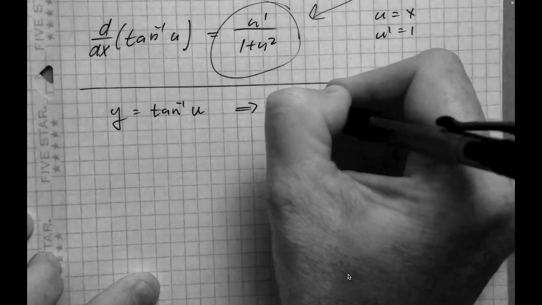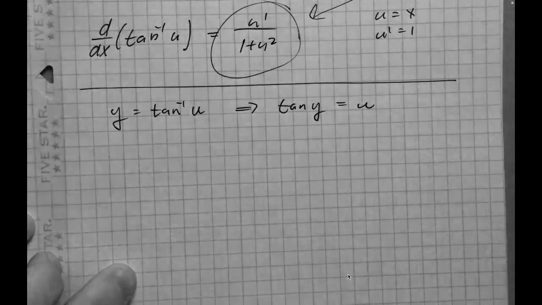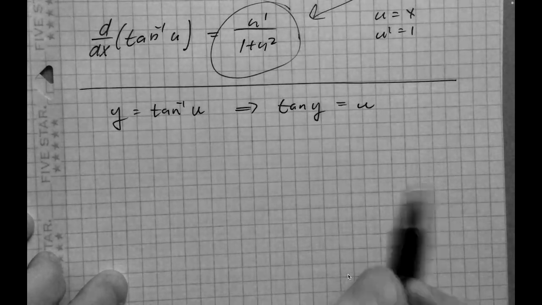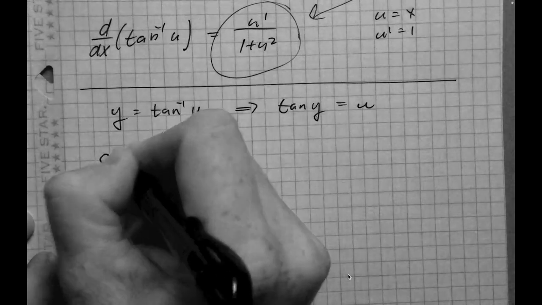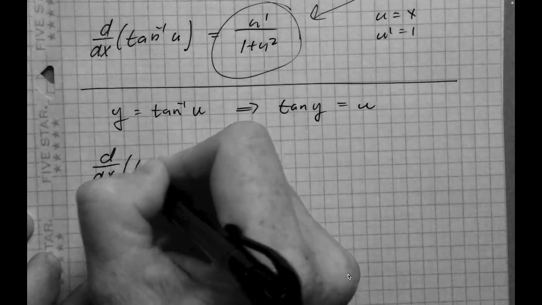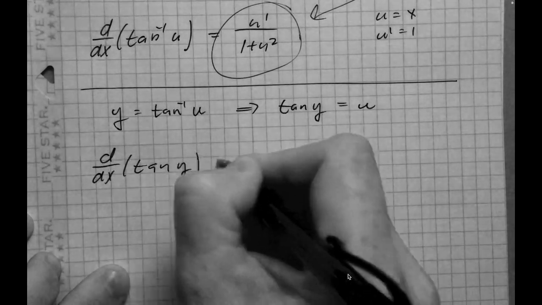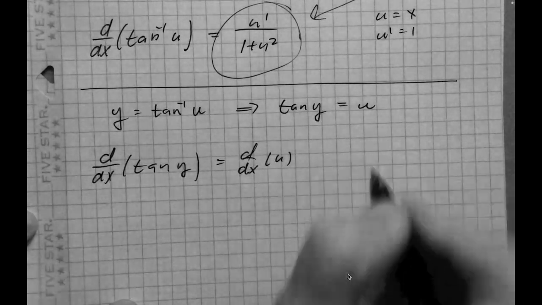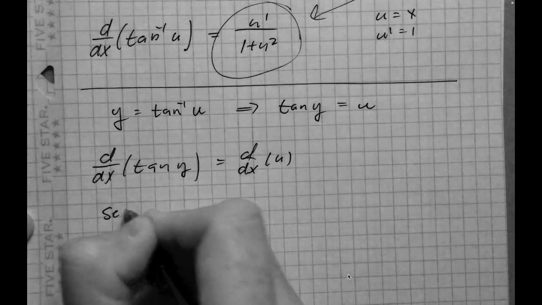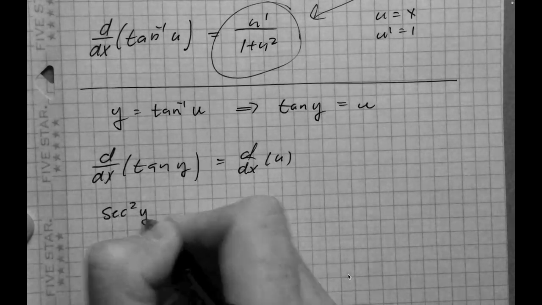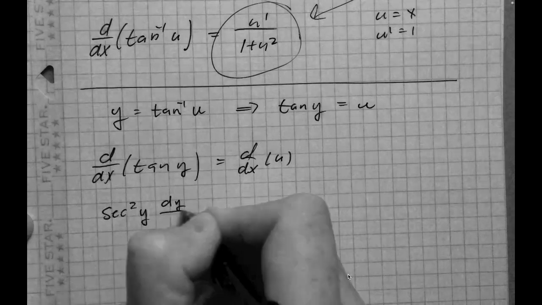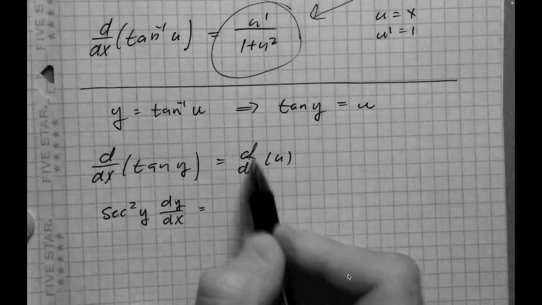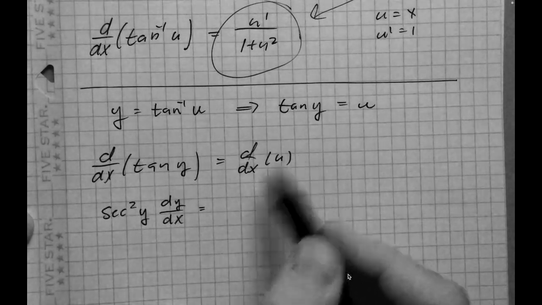Then the tangent of y is equal to u. Differentiate both sides by x. So we'd say d dx of tangent of y equals d dx of u. Okay, so over here we would get the same thing, secant squared y times dy dx equals, now what is d dx of u?